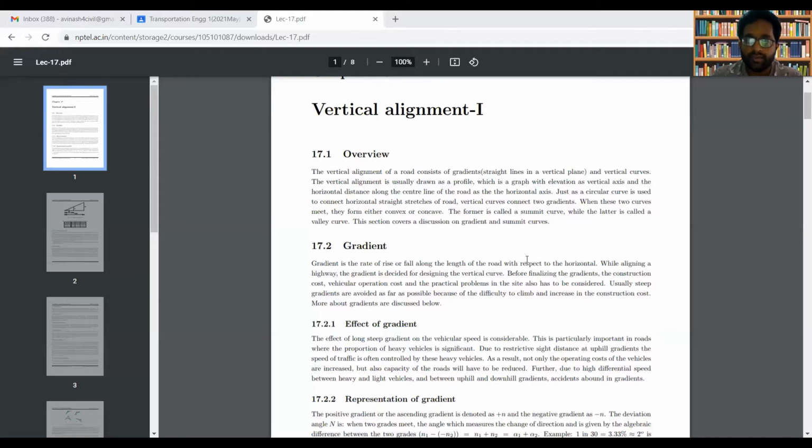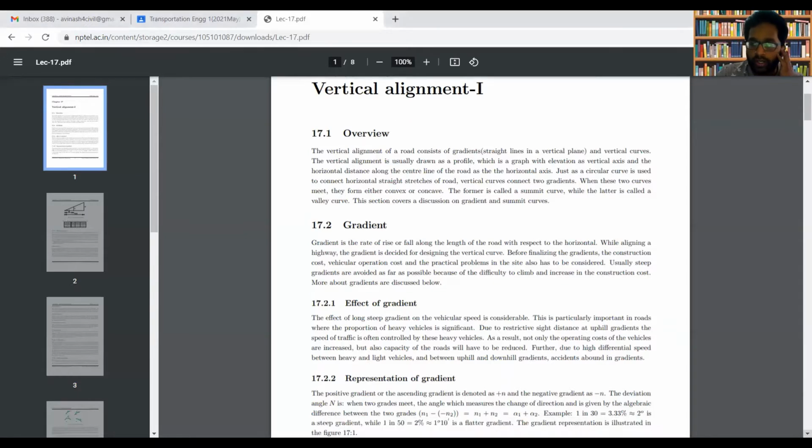Okay, gradient is also decided by the topography of the area. What is the particular area type? These are several factors which decide the fixing of gradient. Usually it is said that steep gradients will be avoided because if the gradient is very steep, you know that it will be very difficult to climb up the slope.